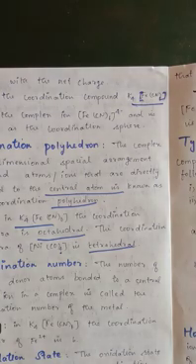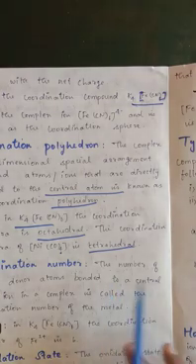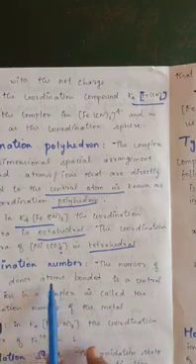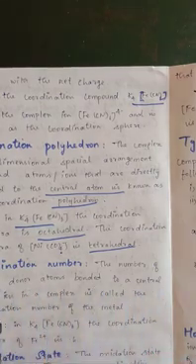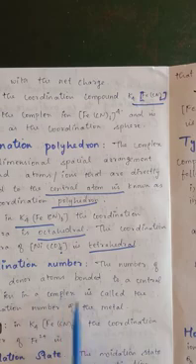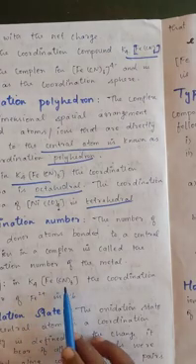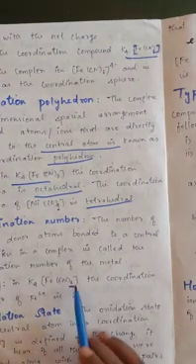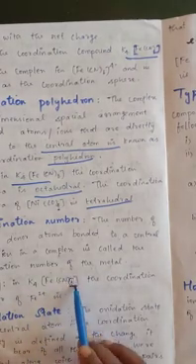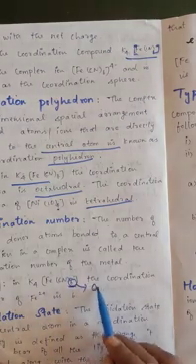This number we call the coordination number. The number of ligand donor atoms bonded to the central metal ion in a complex is called the coordination number of the metal. See here, K4[Fe(CN)6], the number 6 is known as the coordination number.